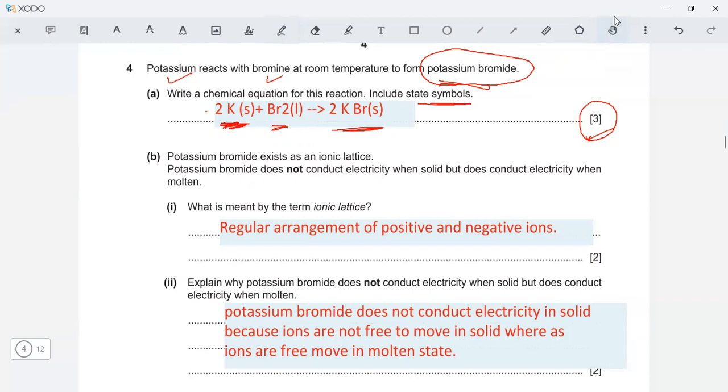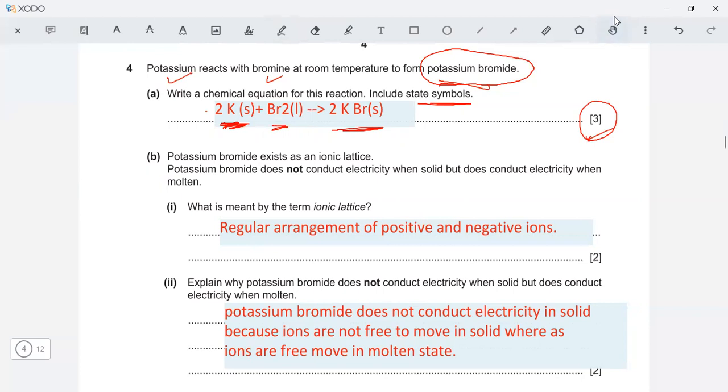Similarly, bromine is in the liquid state, so write a small l. The state symbol is always written as a small letter of the English alphabet. If it is a gas, then you write a small g. So here bromine is a liquid, so write l in brackets. Finally the product will be potassium bromide, which is also in the solid state.